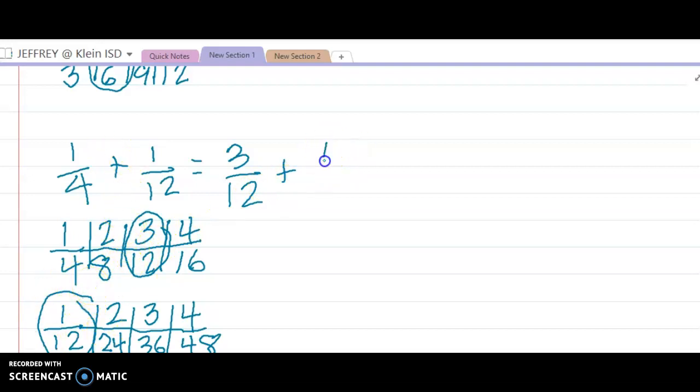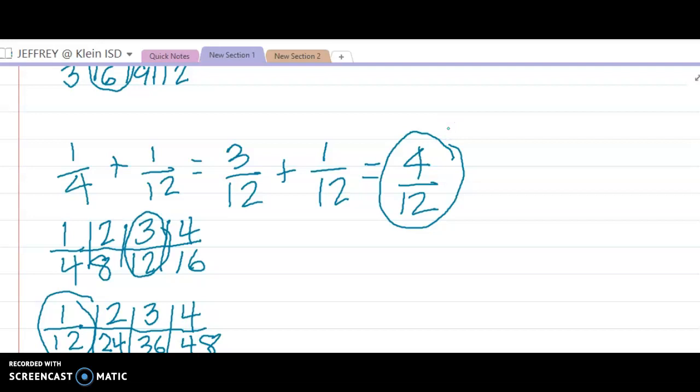The denominator already works. 1/12 equals 4/12. Now this fraction can be simplified, which we'll go over in more detail later. So I'm going to keep that now as 4/12. 1/4 plus 1/12 equals 4/12.